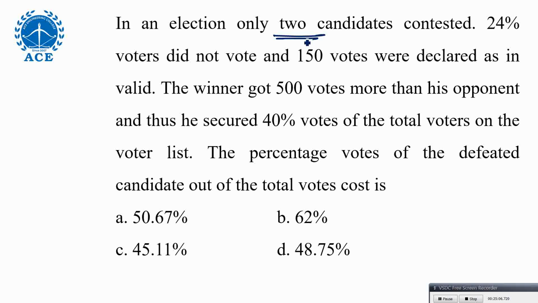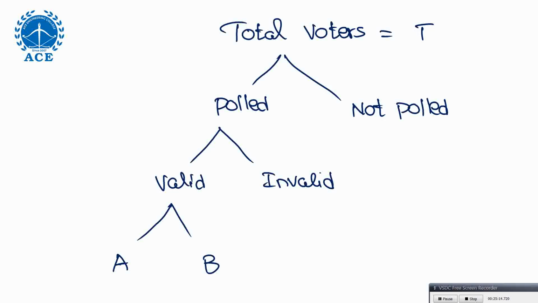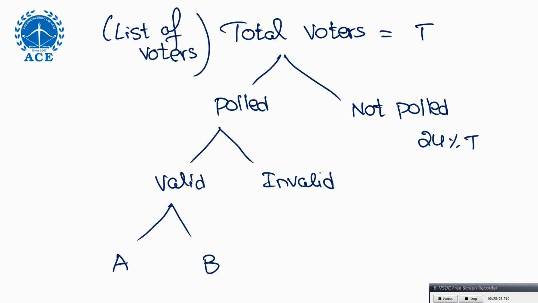Now, what is the first line? 24% did not vote, 150 were invalid. Now 24% of T not polled. Among the list, which is the total voters, 24% not polled.